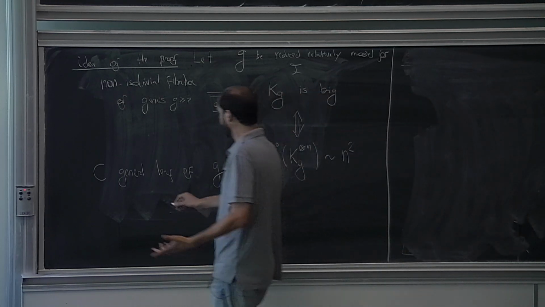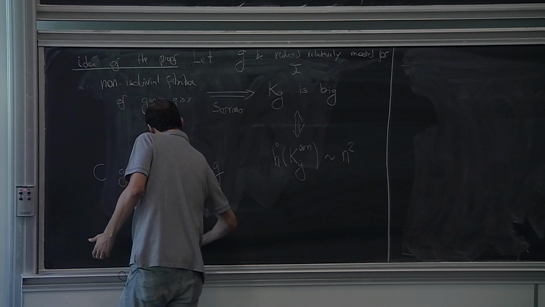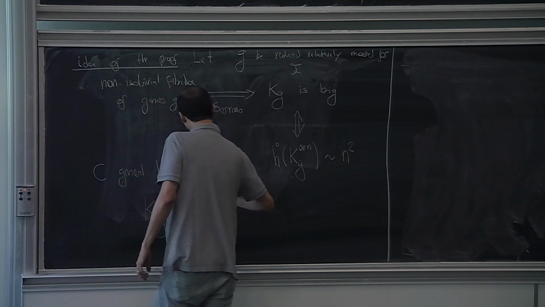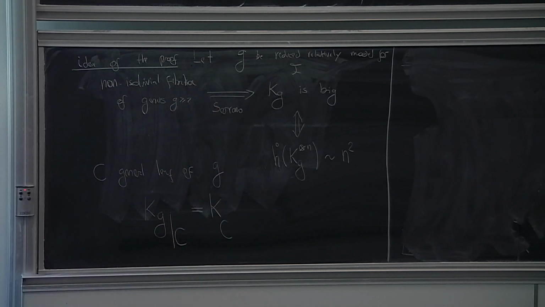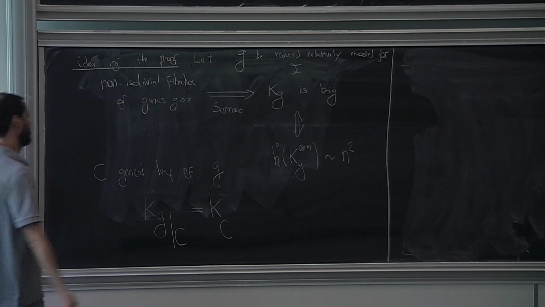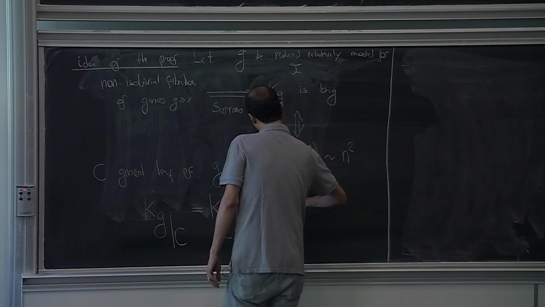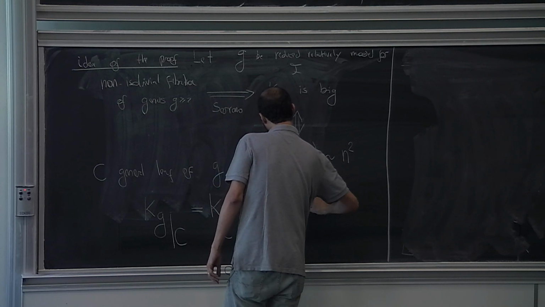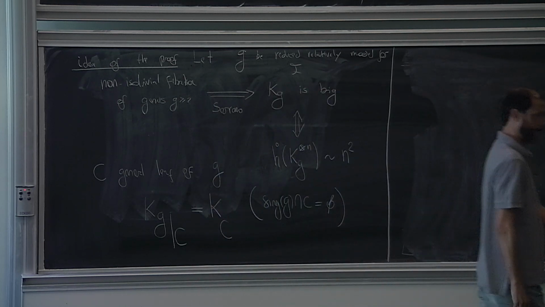And when I restrict K_G to C, I obtain nothing but K_C, just because the singular set of G intersected with C is empty. Okay?